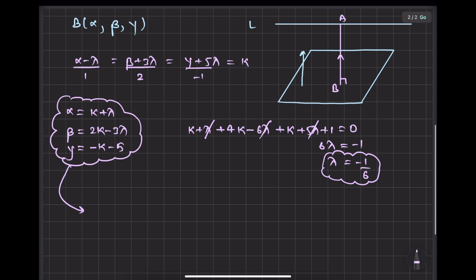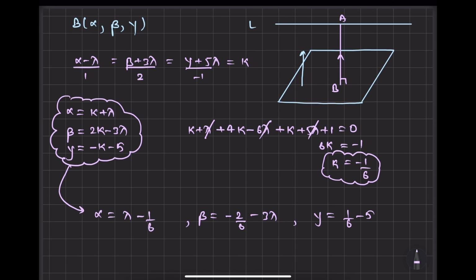Now you have to update your alpha. So alpha becomes, not here, this is k, sorry. So you got the value of k as minus 1 by 6. So alpha is lambda minus 1 by 6, beta is minus 2 by 6 minus 3 lambda, gamma is plus 1 by 6 minus 5 lambda.